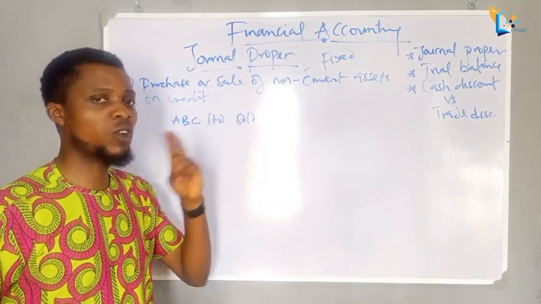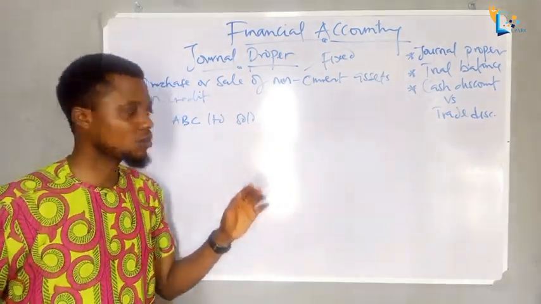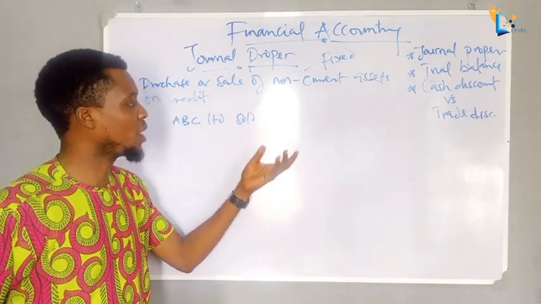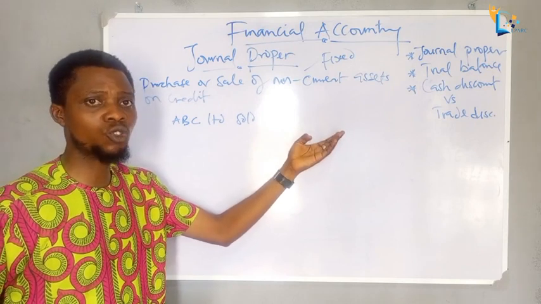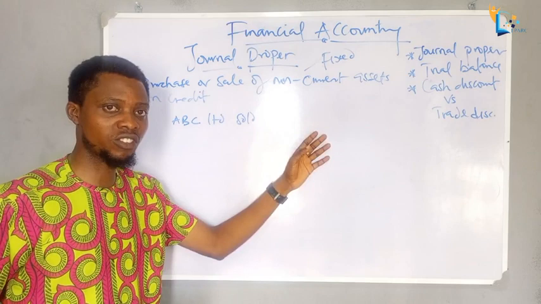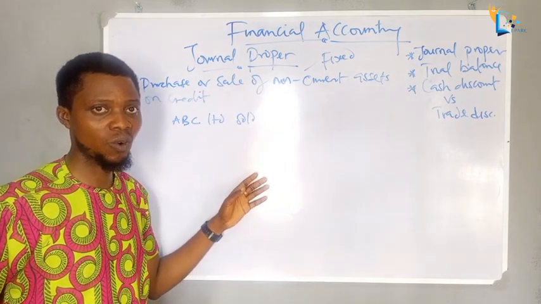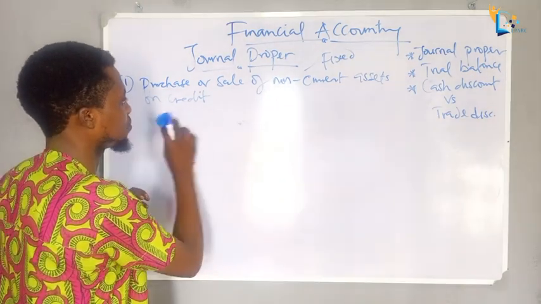So when you identify the 2 accounts involved, secondly, you determine which one to debit and which one to credit. You debit the account that is receiving, credit the account that is giving. Now, the journal proper, sorry, let me clean this.